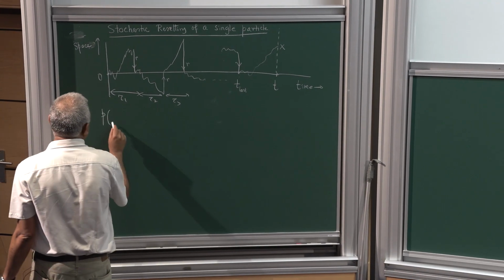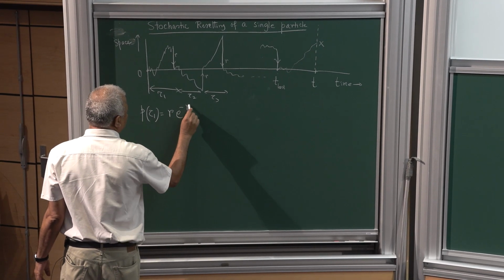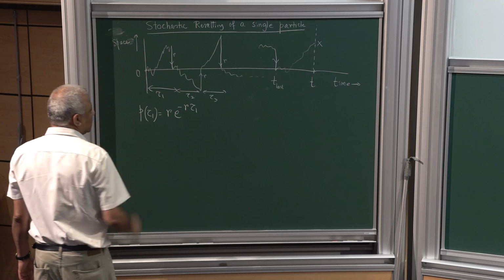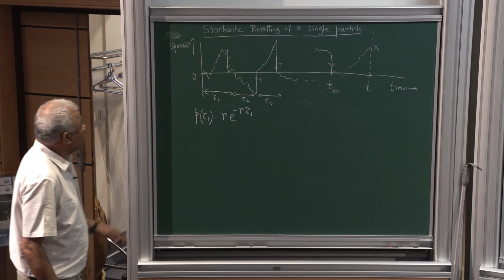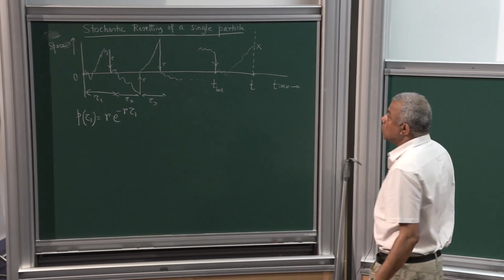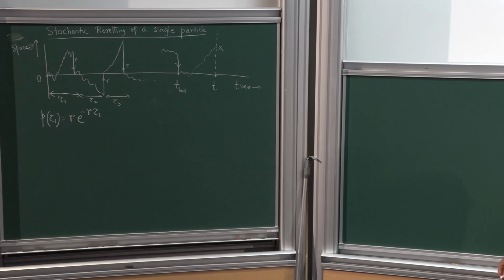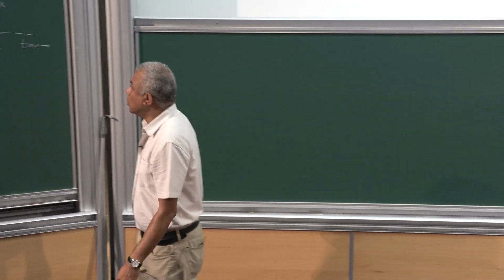If you are talking about a Poissonian example, then the parameter r is the rate of resetting. We saw that even this simple example drives the system out of equilibrium.